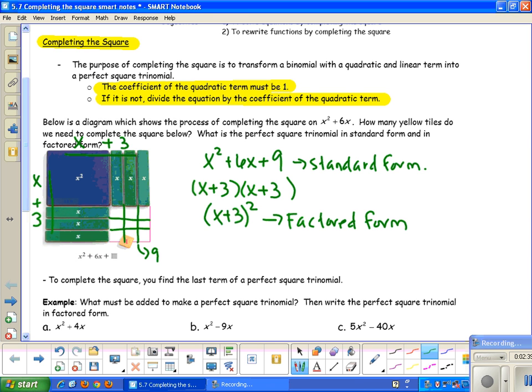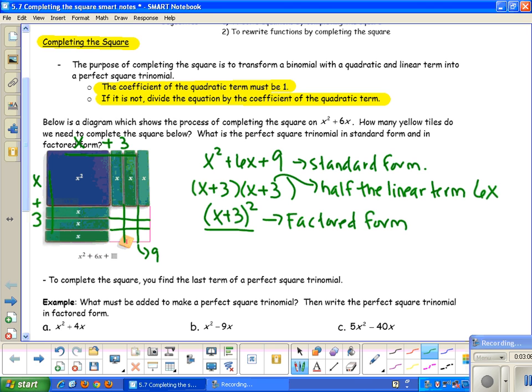Just a couple of little things to look at. Notice that for our perfect square trinomial, since it's a perfect square, we're always going to have the same number. If you look at this number 3, notice it's half of the linear term, which was 6x.